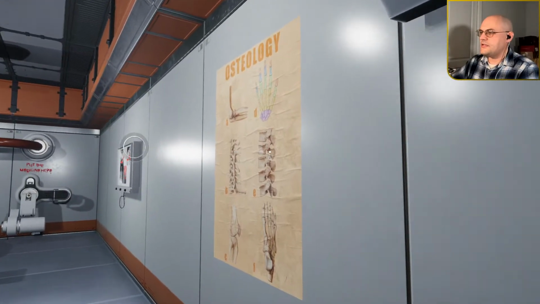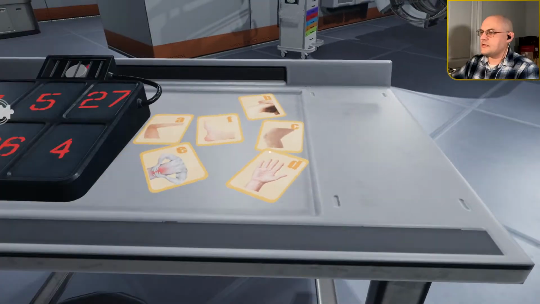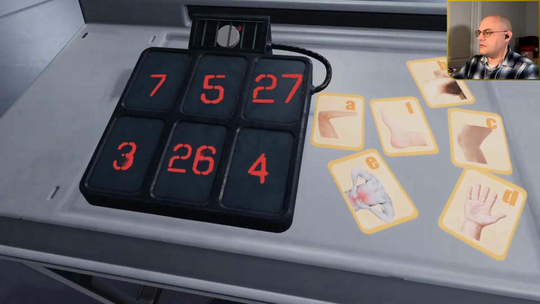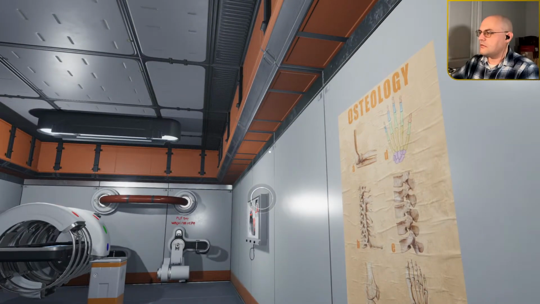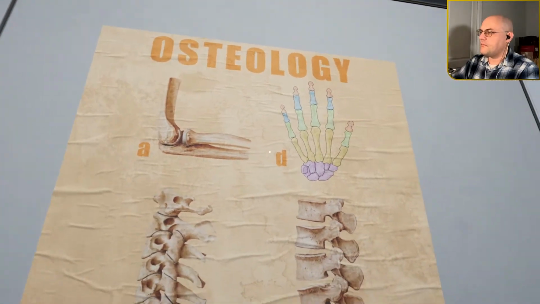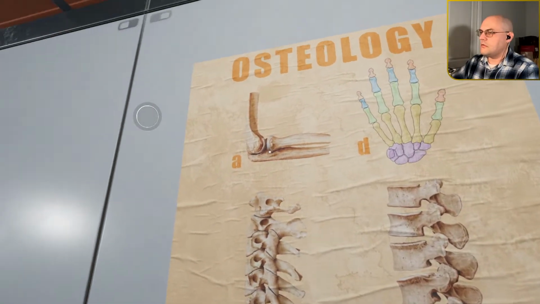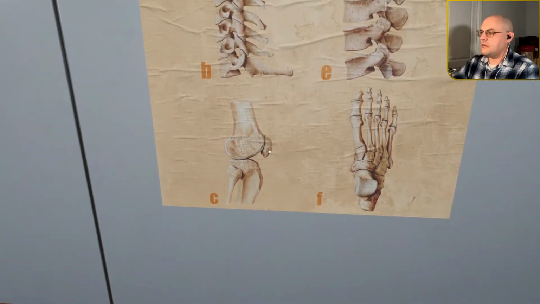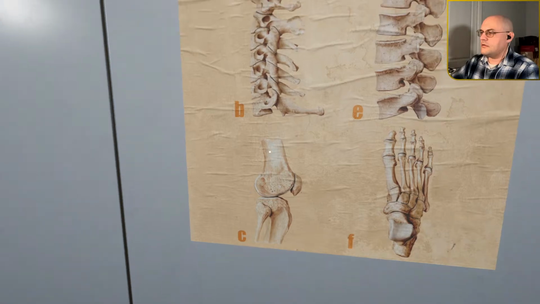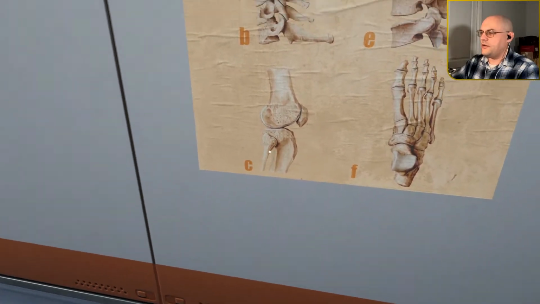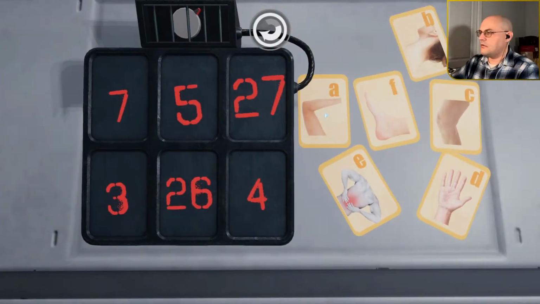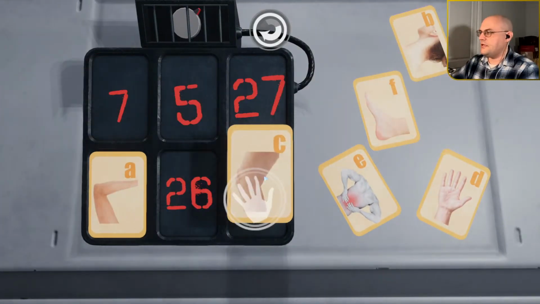So now this is in relation to this. Maybe the number of bones? It looks like the elbow maybe has 3. The knee has 4. 1, 2, 3, 4. So elbow has 3, knee has 4.